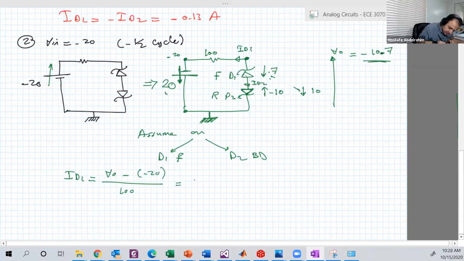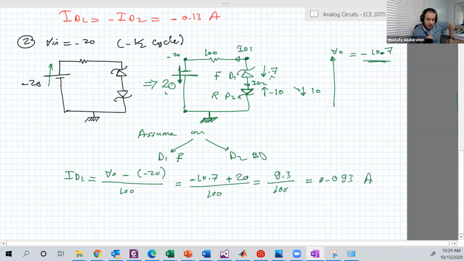VO is minus 10.7. Minus and minus will be plus, so it is 20 minus 10.7, which is 9.3 over 100, that's 0.093 amps. It's positive, and we want ID1 to be positive because it's forward.